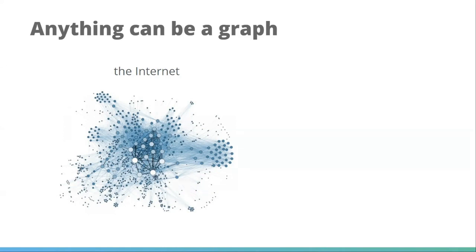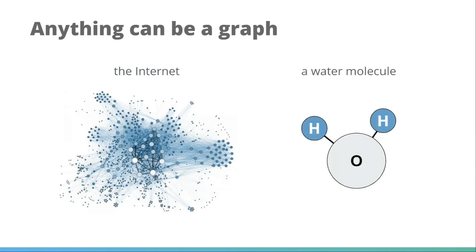Maybe we want to look at how the internet is represented by the components that put it together. So maybe we're interested in the routers, the switches, the firewalls, everything down to the bare wire and the boxes that connect it together.